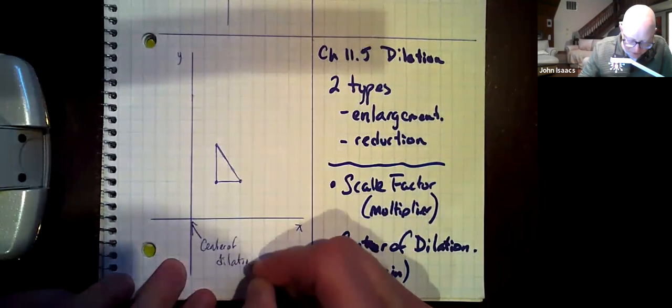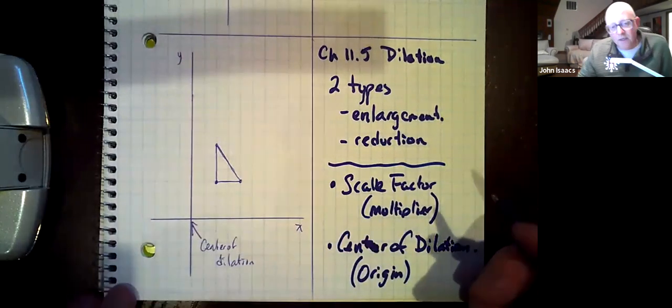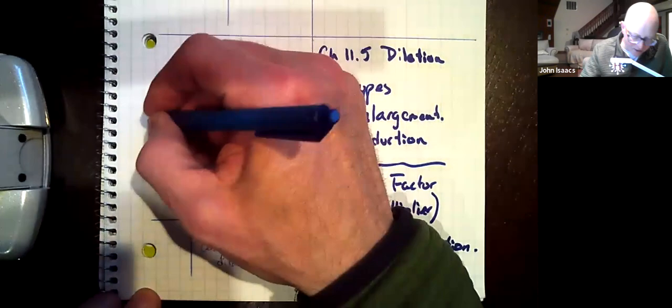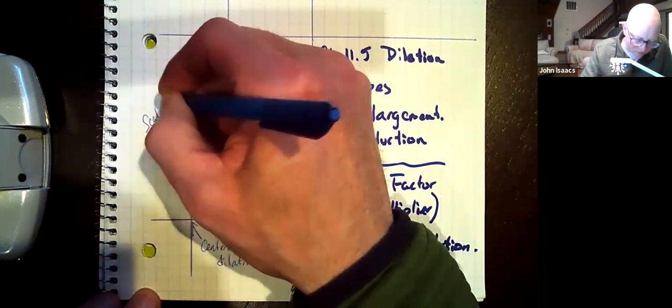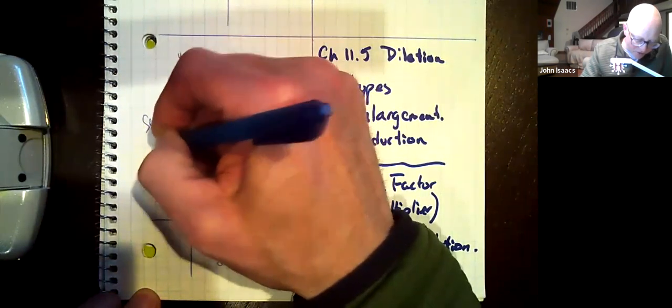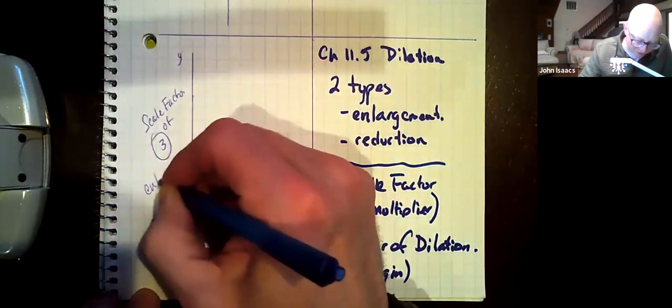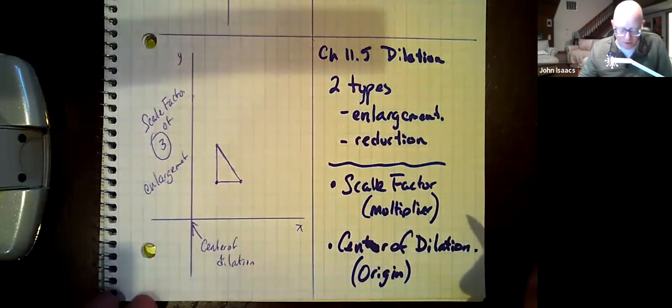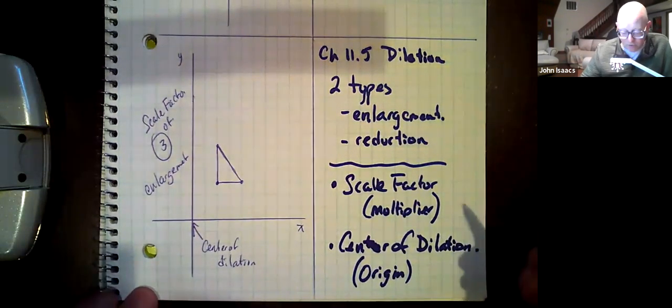Okay, so it's nice to actually look at the numbers of this. So let's do a scale factor of 3. That is going to be an enlargement because we're going to make it bigger, multiplying the shape by 3. And we're going to actually do it with points.